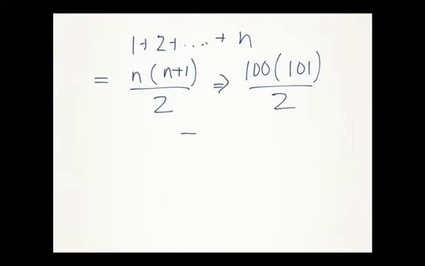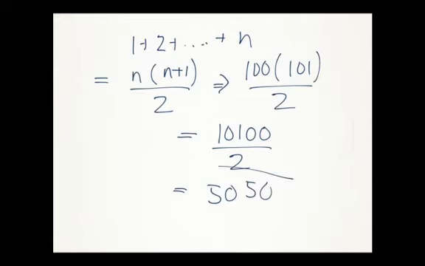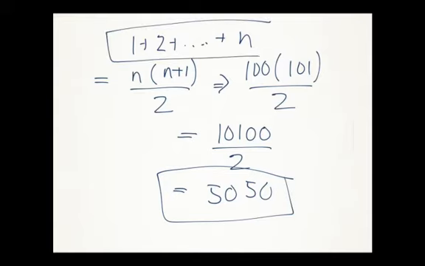Let me check that. That's 10100 divided by 2, which is 5050, which is what we got before. So if you're ever trying to add up the numbers from 1 all the way up to n, the formula is n times n plus 1 divided by 2.